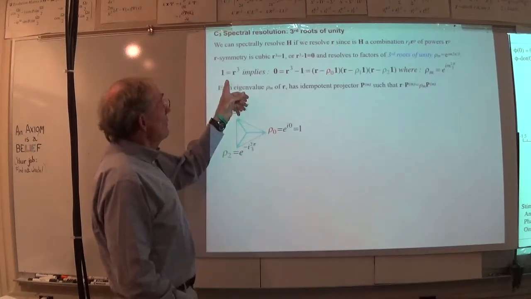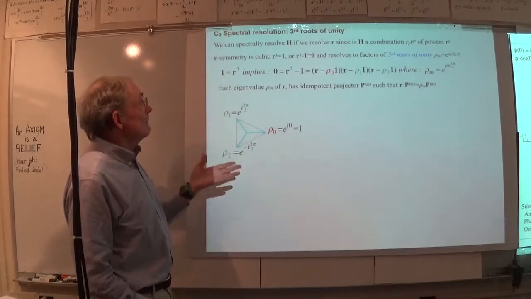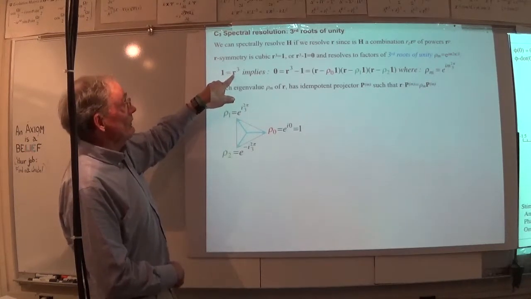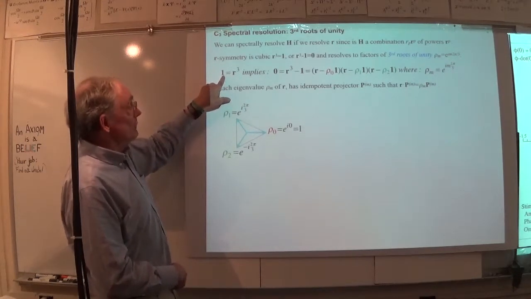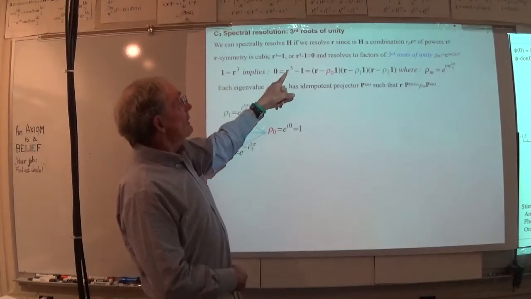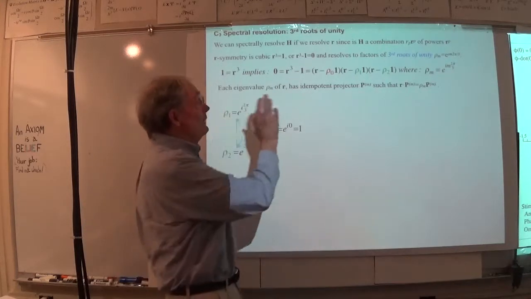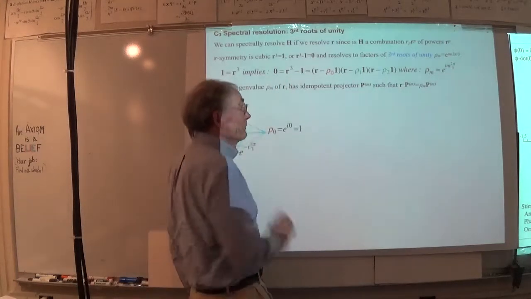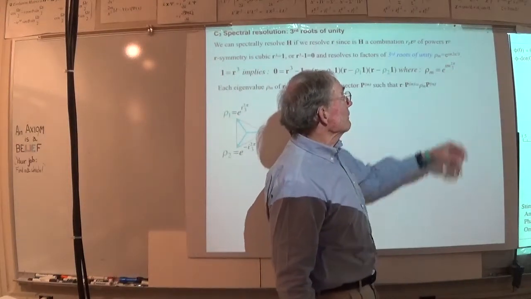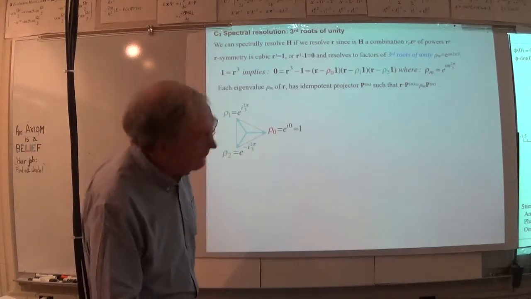Now, here's our minimal equation. R cubed, and this is true of all the R's, okay? All powers of the R go to 1 if you do it 3 times. So 0 equals R cubed minus 1. So what we need are the cube roots of 1. How many of them are there? There are 3 of them for each of the values of m. M is called multiplicity or something like that.